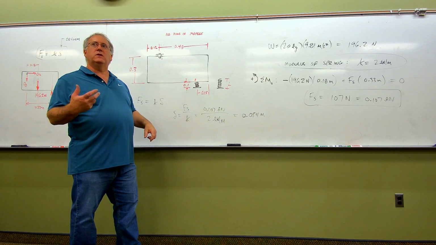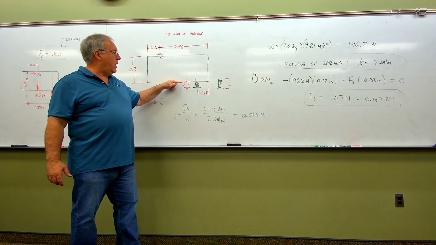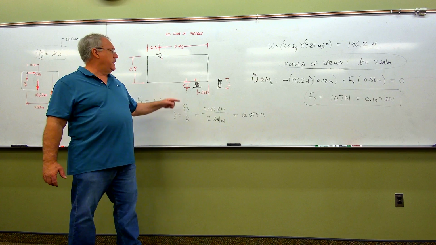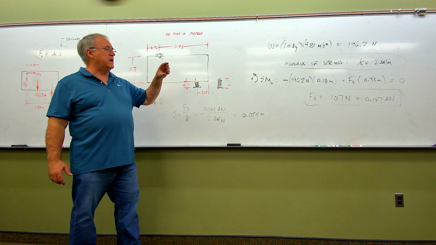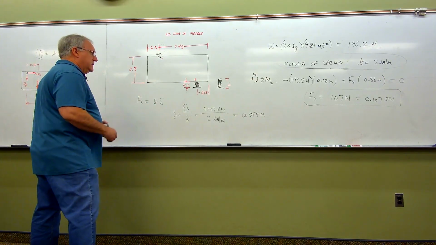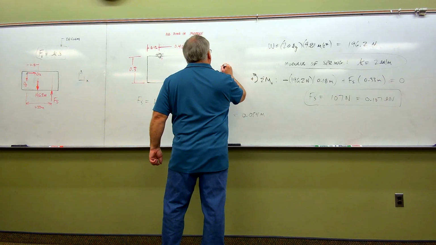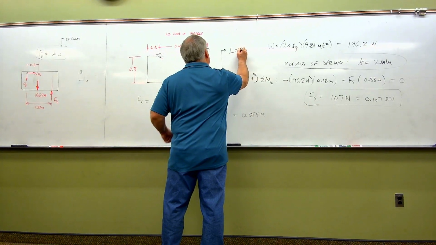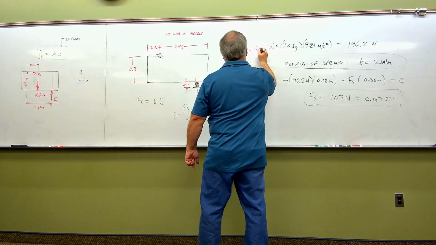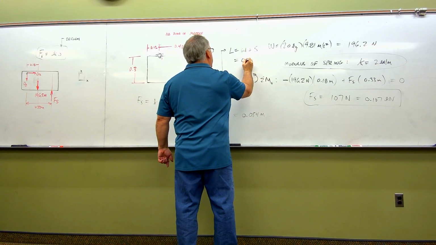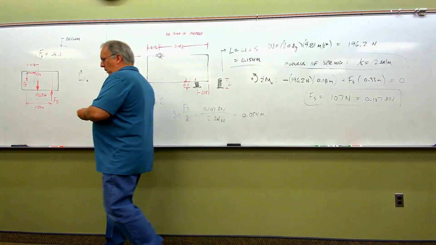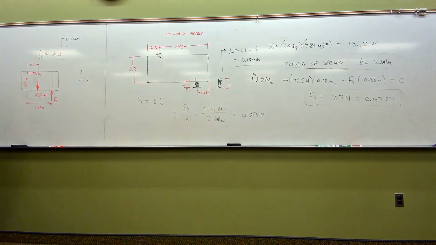Which means my original length of the spring had to be the 0.1 plus the amount of deformation. So therefore, the final answer on this is that L is going to be equal then to 0.1, the deformed length, plus the deformation delta, or 0.154 meters. And that, folks, solved the problem.